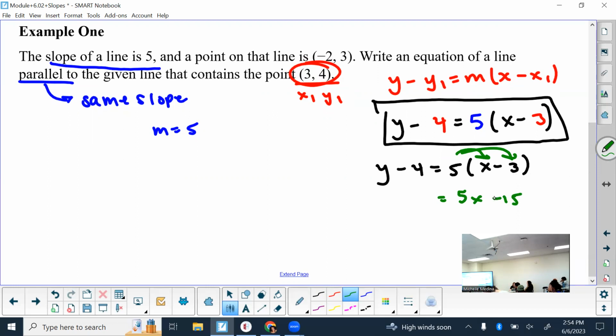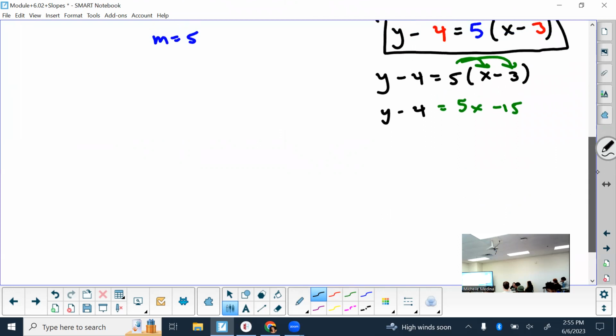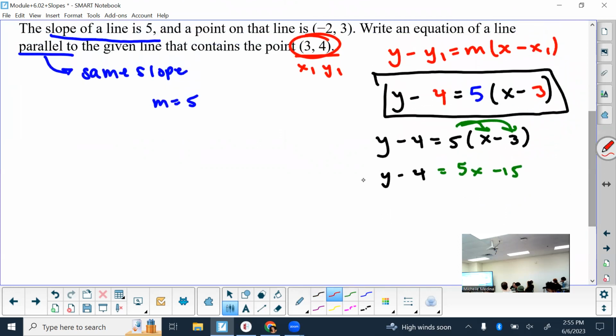Negative 15. On the left side, I still have y minus 4. How can I get the y alone? I could add 4. So use your inverse operations. Opposite of minusing 4 would be to add 4. And whatever you do on one side of the equal sign, you do to the other side.